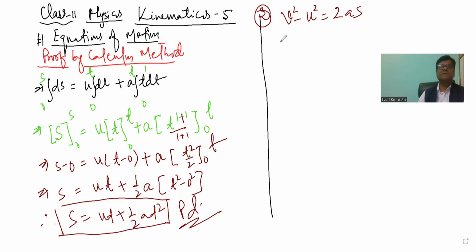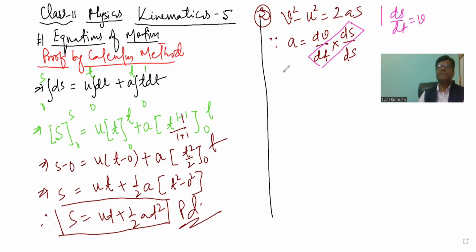This we start with the acceleration formula, dv by dt. And then we multiply and divide by ds. So when we multiply and divide it by ds, this ds upon dt can be velocity.